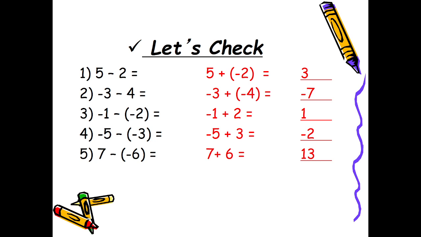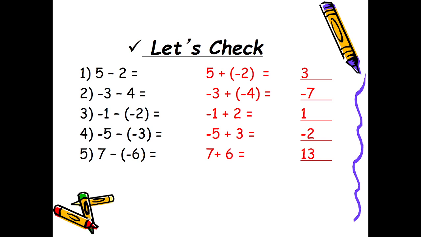Number 4, negative 5 minus negative 3. We keep negative 5. Then we change minus to plus. We change the sign of negative 3 to positive 3. So what we have right now is negative 5 plus 3. They have different signs, so we subtract 5 minus 3. We get 2, and we copy the sign of the bigger number. In this case, 5 is negative, so we have negative 2 as our final answer.